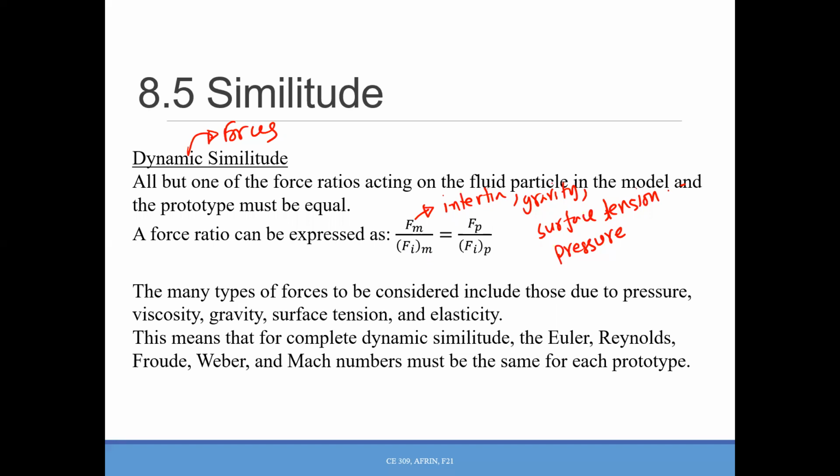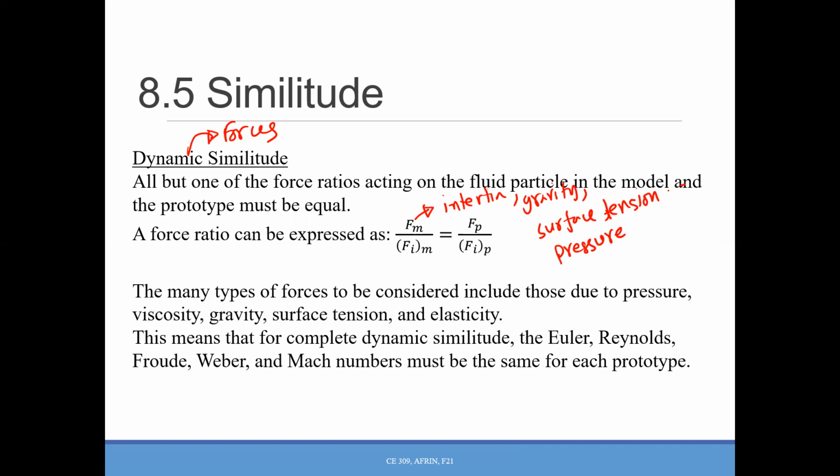That means you should get either Reynolds number or Froude number or Euler's number, Weber number, Mach number, something like that. So for the model and for the prototype, either the Reynolds number or the Froude number or the Weber number, one number should be equal. Now we need to select which number we should choose, but before doing that, let's make clear what we are trying to say: for model and prototype, at least one dimensionless number should be the same.